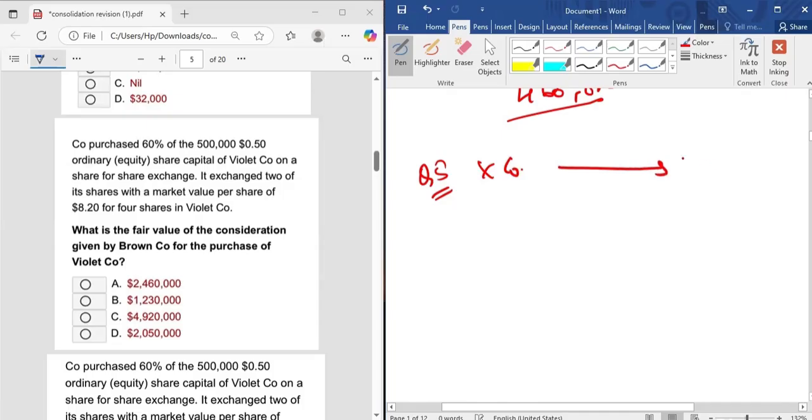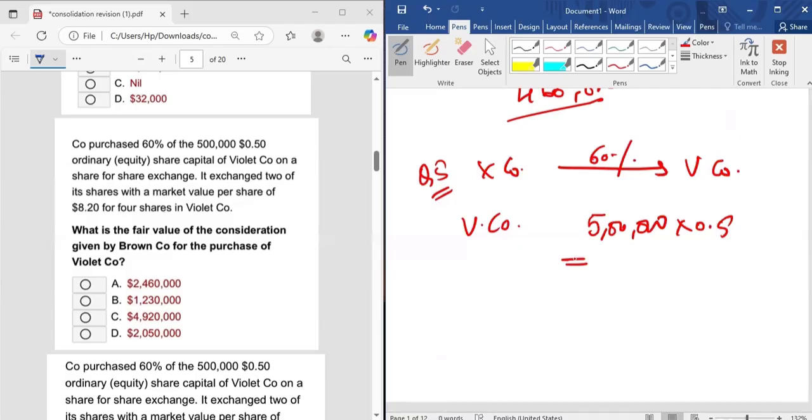It has purchased Violet Company 60%. It has acquired 60% of the share capital. Now, this Violet Company has 5 lakh shares and each share is worth 0.5. So I can calculate the entire share capital, right? Multiply 5 lakh by 0.5. So this is 2,50,000.